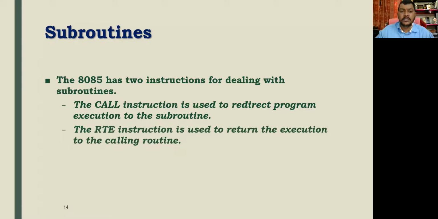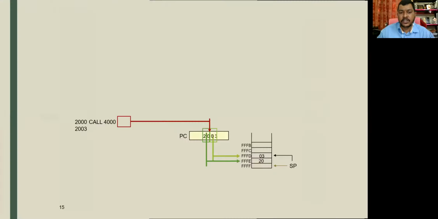And the next instruction is return, that is RET. This is wrongly written over here, RTE नहीं है, RET है, right? So return is another instruction to again come back to the main program, which is written at the end of the subroutine, right? And there are some conditional and unconditional returns also, right?